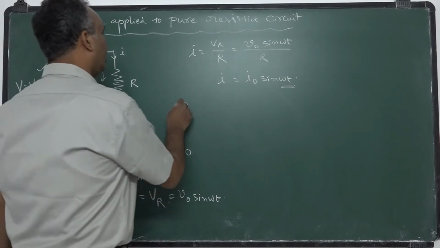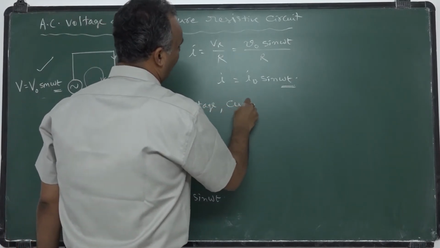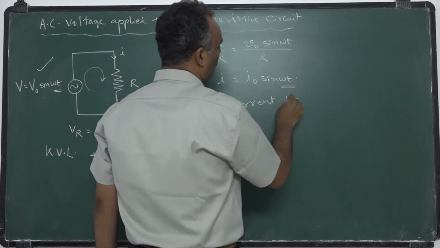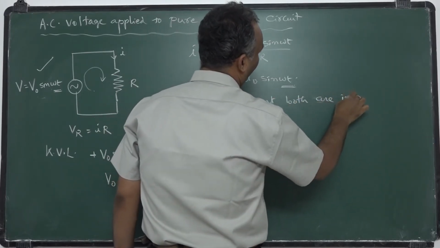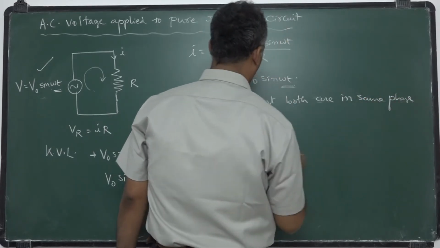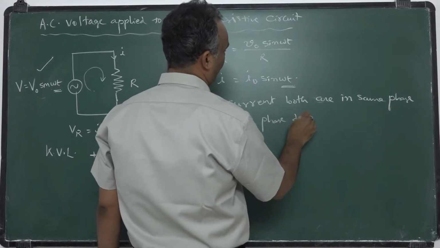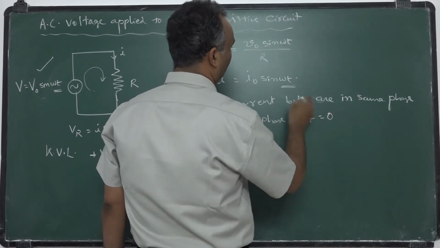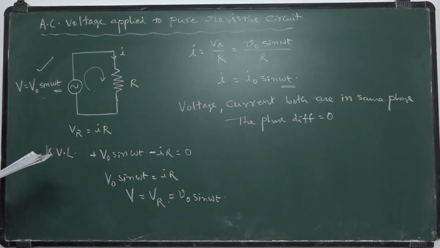So voltage and current are both in the same phase. The phase difference observed is 0, omega t minus omega t. There is no phase difference between these two.